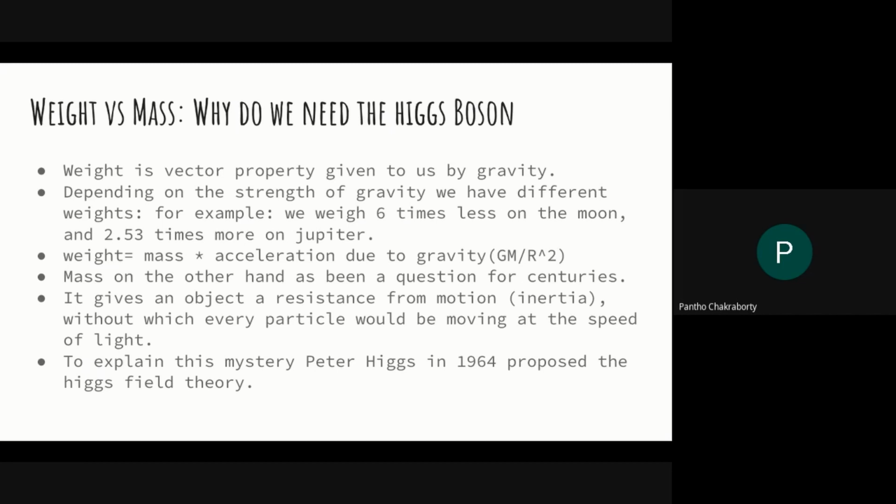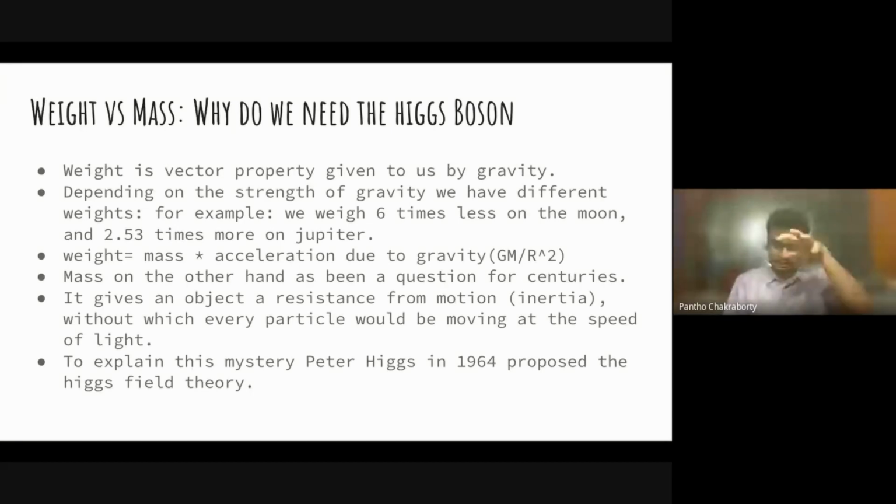For example, in Earth's case, let's consider that the acceleration due to gravity is 10. We know gravitational force is equal to m into a, so the actual force that you're putting on that weighing scale is 600 newtons. The weighing scale calculates that if it's getting a force of 600 newtons, then a person of mass 60 would be standing on it. That's how it calculates.